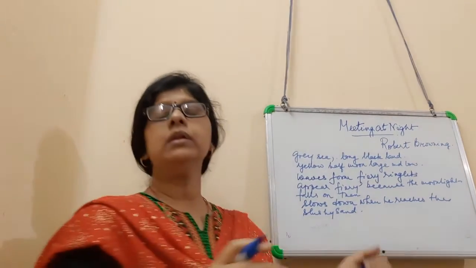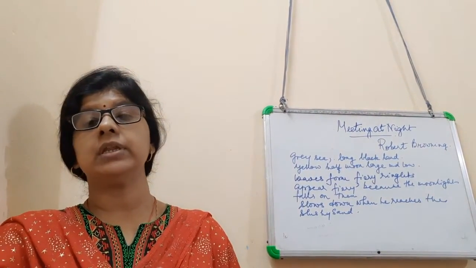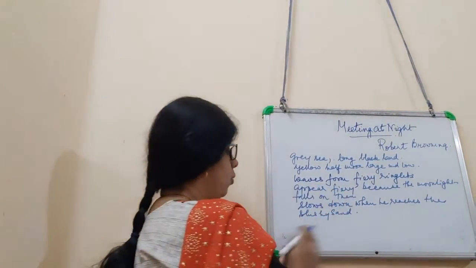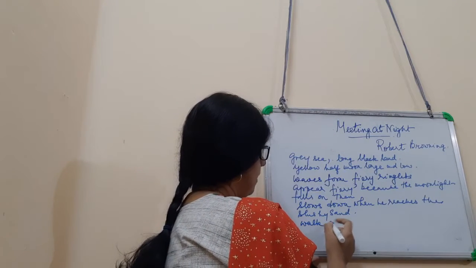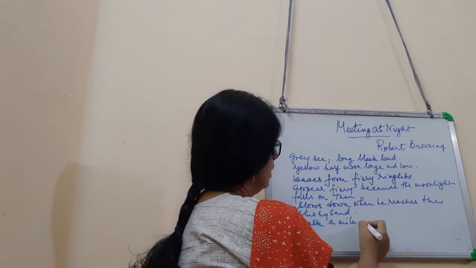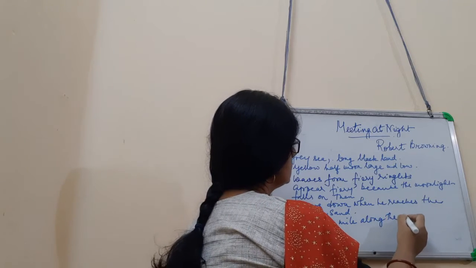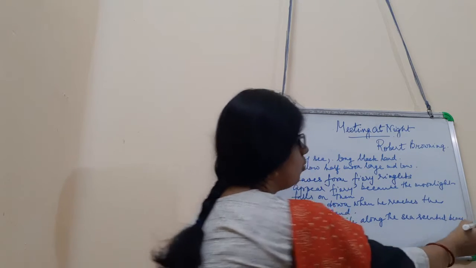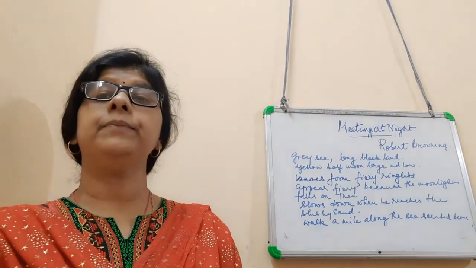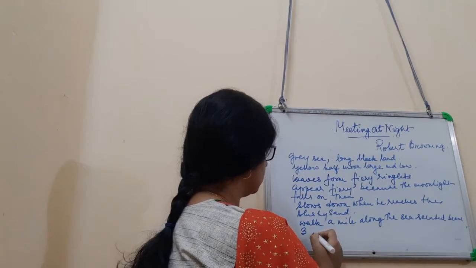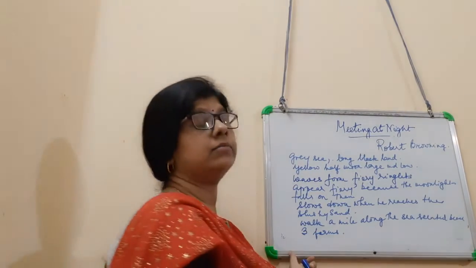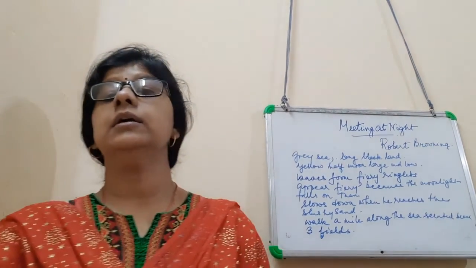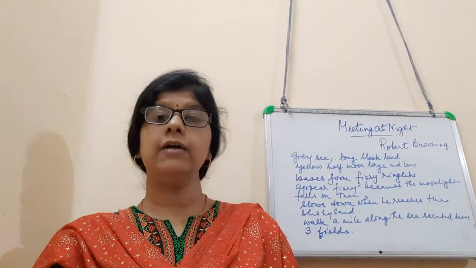So you will give the entire description that is given in the first stanza, and after that he walks a mile along the sea-scented beach, and then crosses 3 fields, till he reaches the farm where his lady love lives.